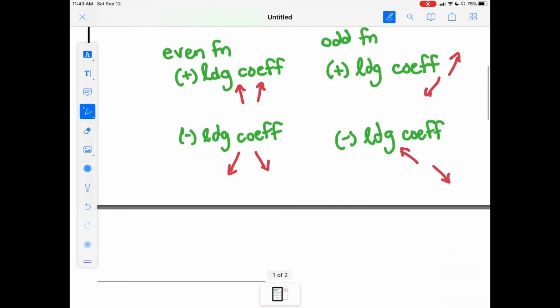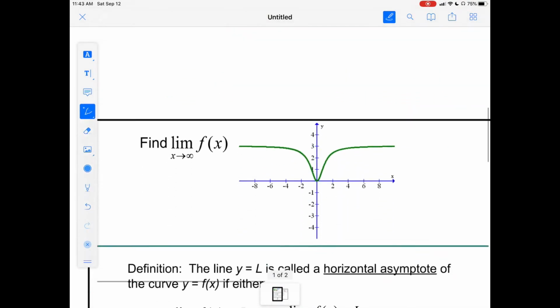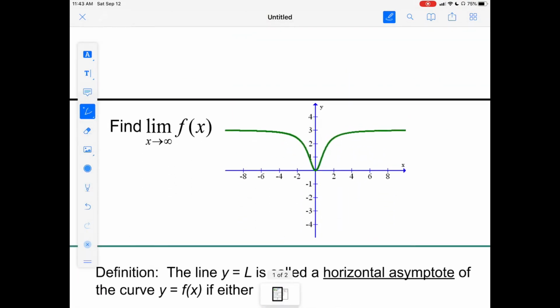So sometimes your graphs increase or decrease without bound. Here, though, if they're asking us, well, what's the limit of this function f of x as your x approaches infinity? And we typically see this, but we can identify as well clearly the behavior of this graph. And we notice that this is approaching 3.